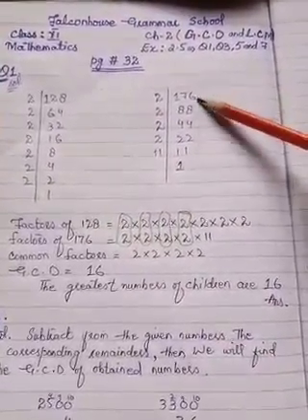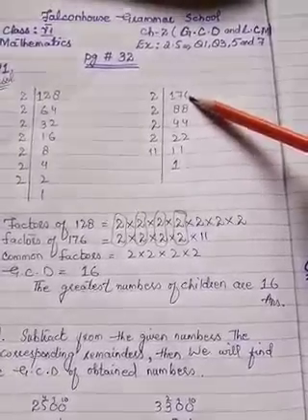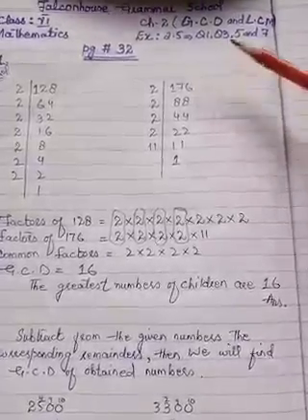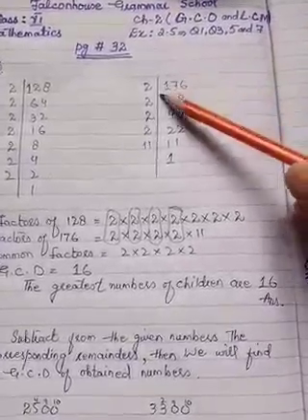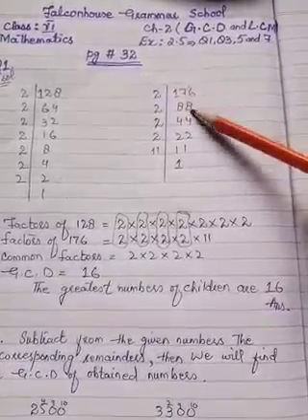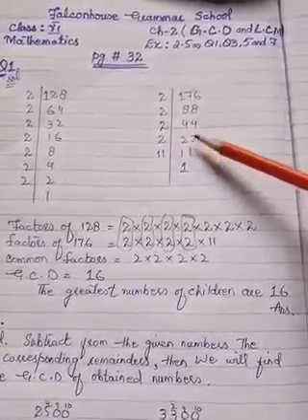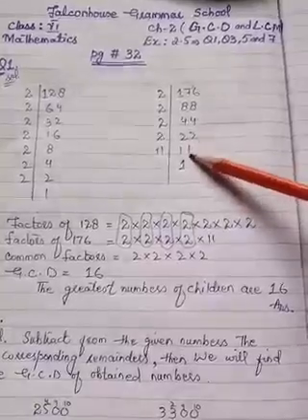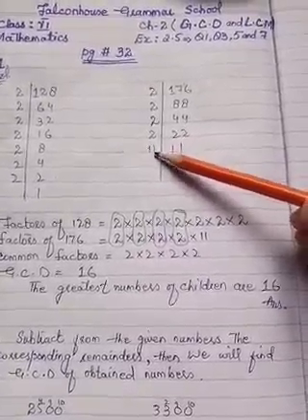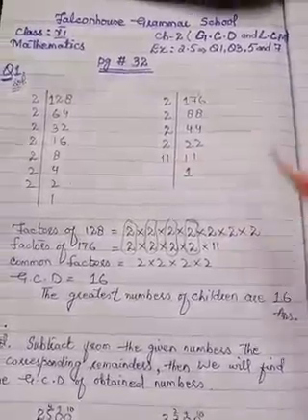Then come to 176. In the same way, we know that in the unit place we have an even number, so it will also be easily divisible by 2. So 2 8s are 16, 1 carry, it becomes 16 again, 2 8s are 16, 2 4s are 8, 2 2s are 4, 2 1s are 2, and then in the last 11 is a prime number, so it will be reduced by its own table, 11 ones are 11.